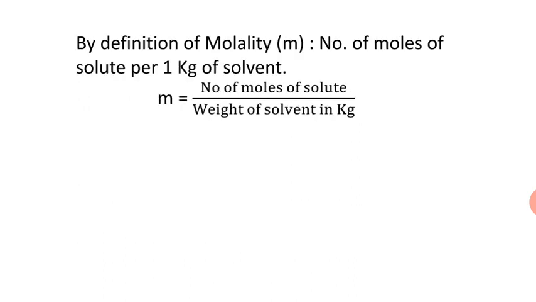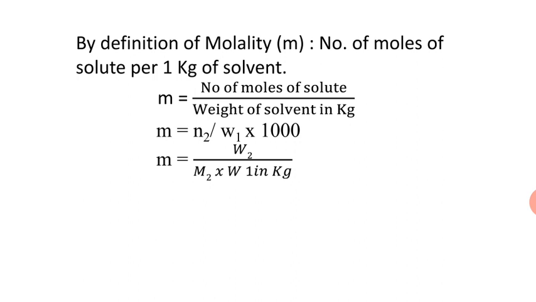By definition of molality, the number of moles of solute per kg of solvent is the molality. Small m is given by the number of moles of solute divided by the weight of solvent in kg. Therefore, m is equal to n2 by w1 into 1000, that is, m is equal to w2 upon M2 into w1 in kg.